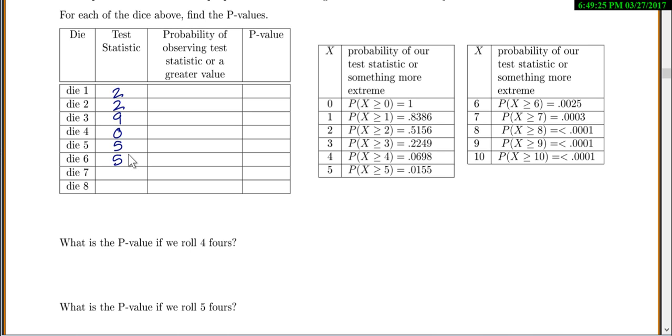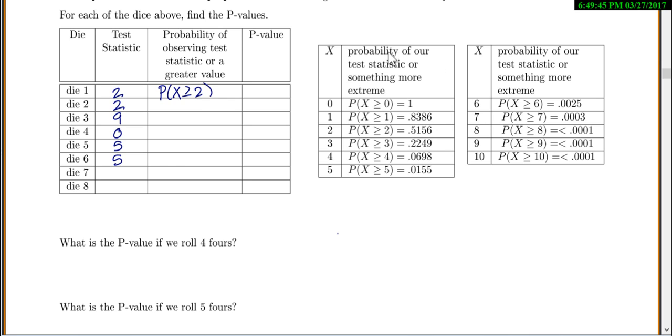We didn't get a very wide variety of test statistics, did we? Okay, so now our p-value is the probability of observing our test statistic or an even greater value. Again, the reason it's greater is those are the even more unlikely circumstances. So this one will be looking for the probability that x is at least 2.